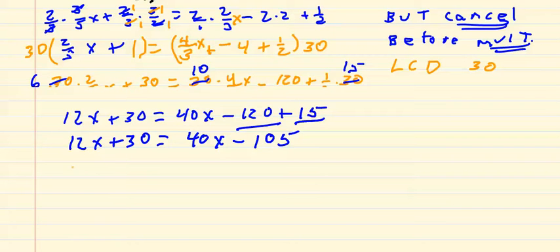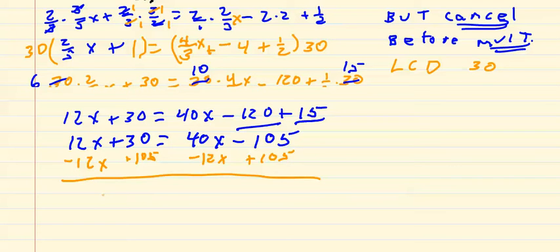And then I'm going to subtract 12x to both sides, add 105 to both sides, and I get 135 equals 28x, divide by 28, divide by 28, and I'm done.